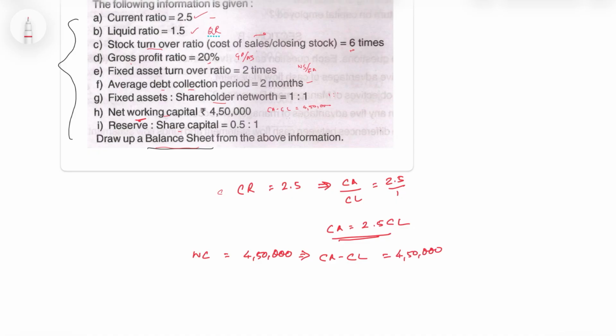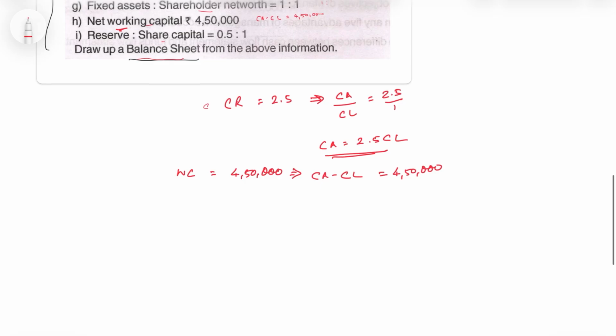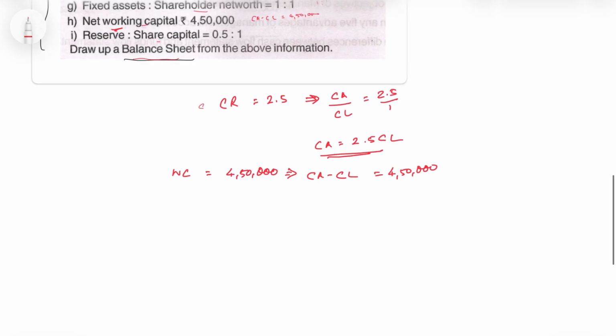Current assets is 2.5 current liability, so 2.5 current liability minus current liability is equal to 4,50,000. 2.5 minus 1 is 1.5 current liability, which is equal to 4,50,000.